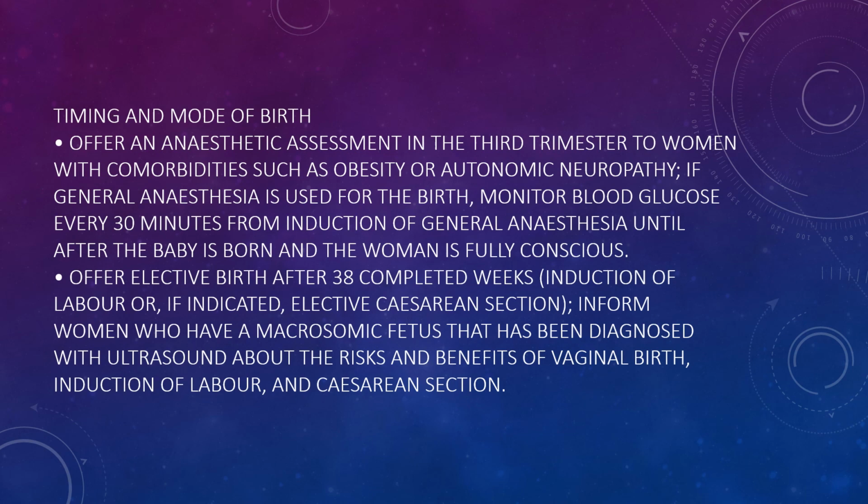Offer elective birth after 38 completed weeks by induction, or if indicated, elective cesarean section. Also advise women who have a macrosomic fetus diagnosed by ultrasound about the risk of macrosomia and the complications of vaginal birth, especially shoulder dystocia.